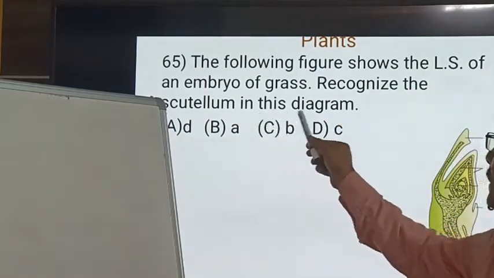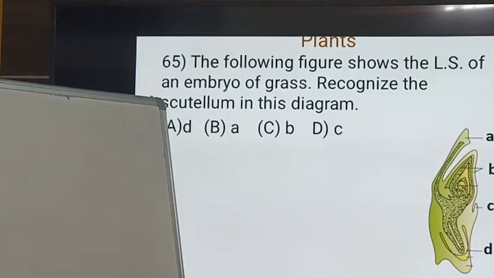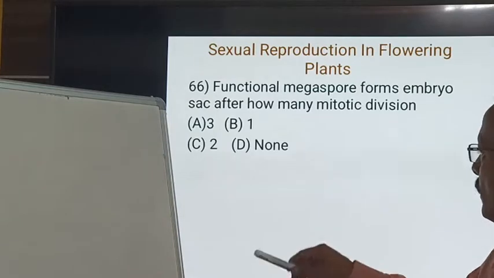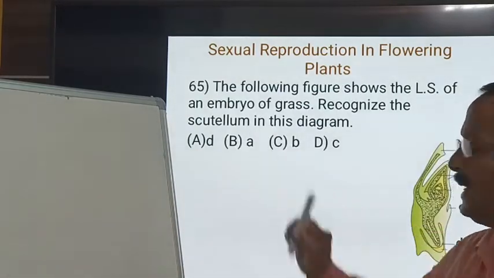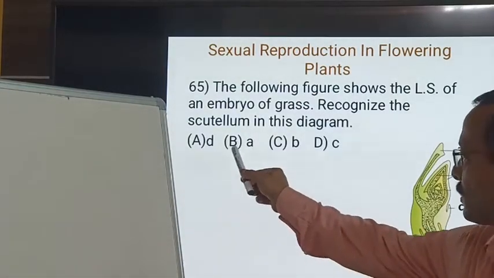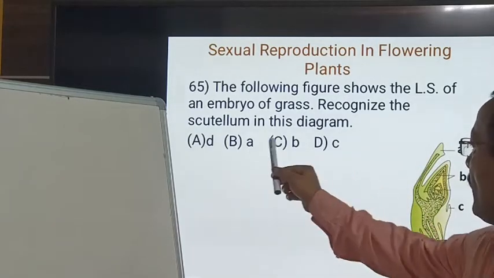Recognize the scutellum in this diagram. So A is the scutellum. So the option is B. The A is the scutellum.